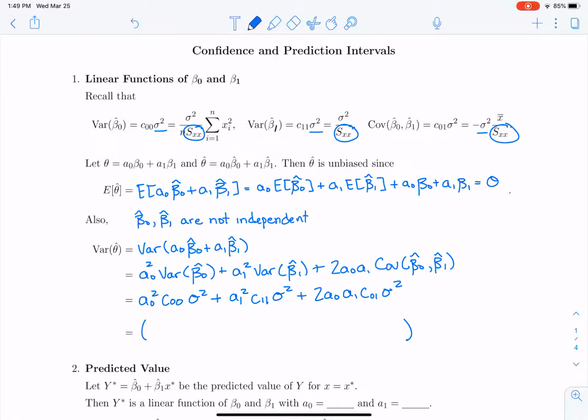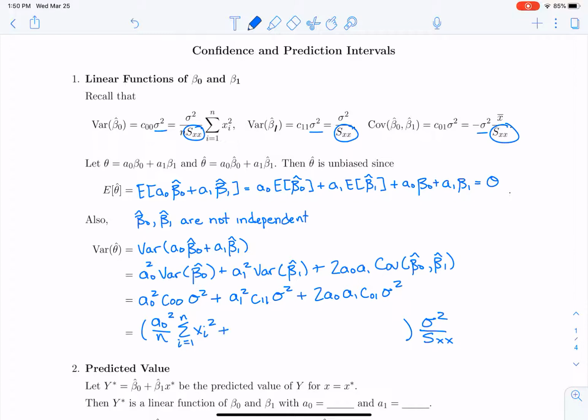So I'm actually going to factor those out. Then what's left over is a0² times (1/n) sum from i equals 1 to n of x_i², when I replace c_00.